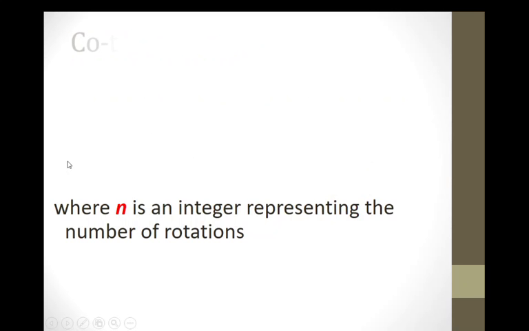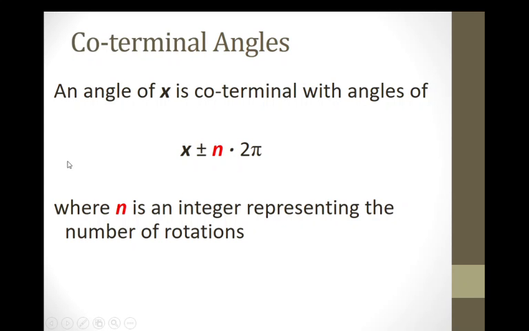Now, going back to what we did earlier, we've got to reapply some of the stuff we already learned, like coterminal angles. We learned coterminal angles yesterday. To find coterminal angles, you add or subtract 360 degrees, right? Well, if it's in radians, you're not going to add and subtract 360 degrees.